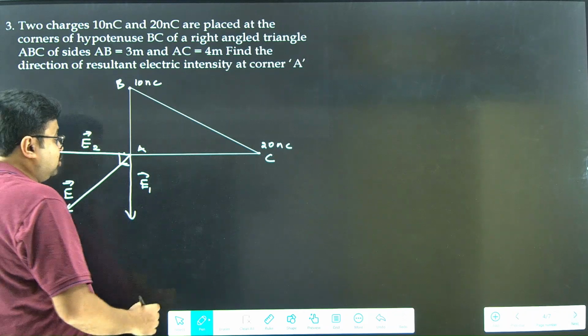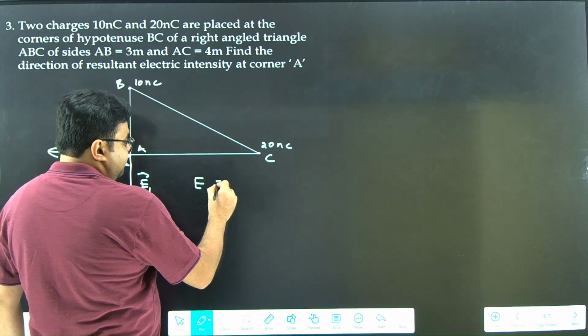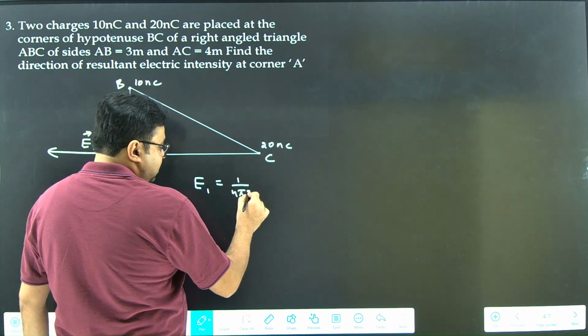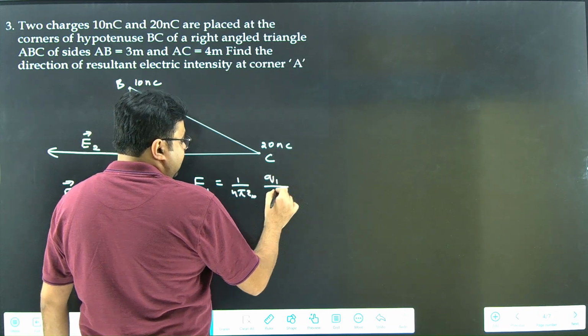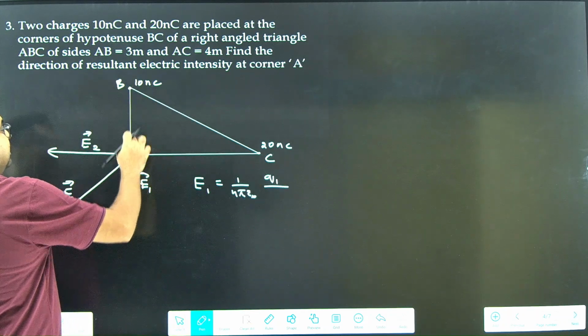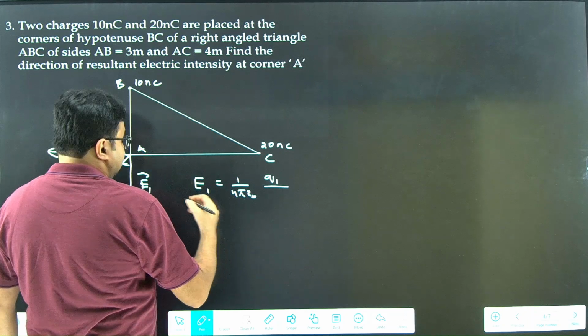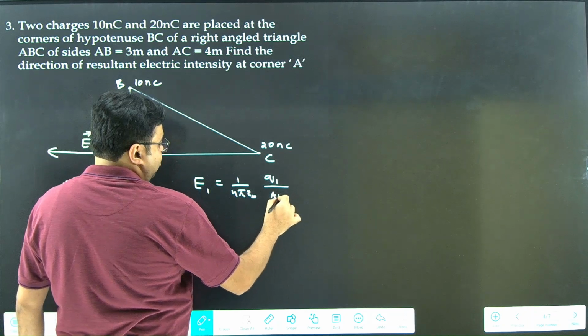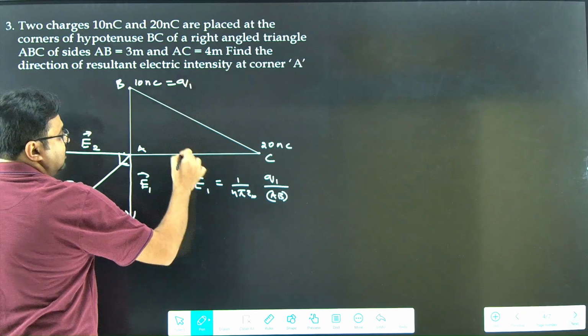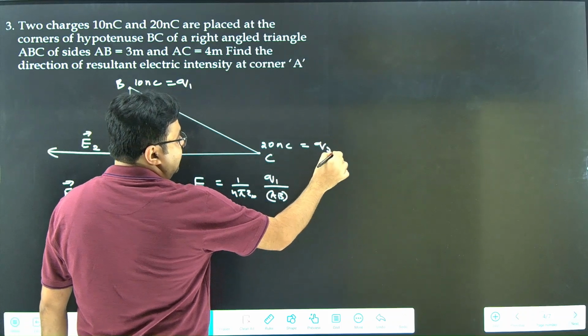So the electric field E1, my dear friends, is given by 1 by 4 pi epsilon naught q1 divided by r square, or in this case the distance, let's say, AB square. And what is q1? Q1 is 10 nanocoulomb charge and q2 is 20 nanocoulomb charge.